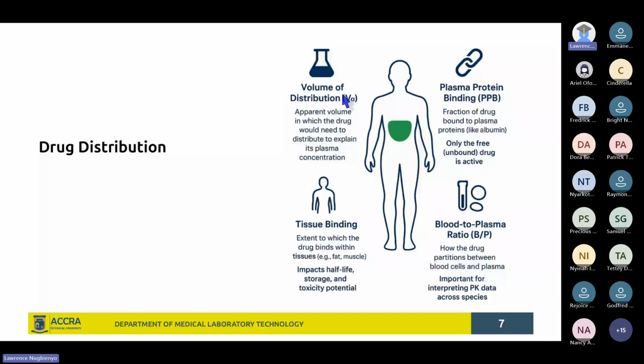But what we refer to as plasma protein binding is specifically the binding of the substance to the blood plasma proteins, particularly albumin.